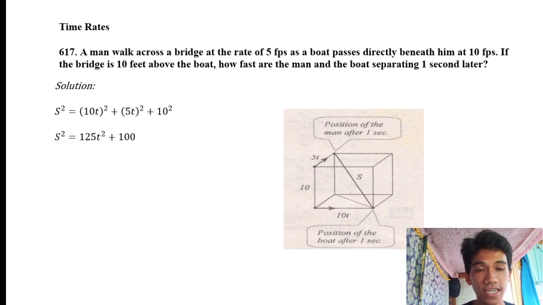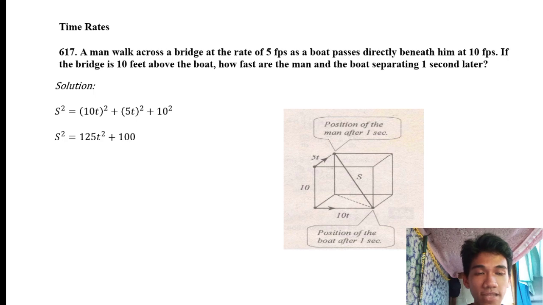So we have 100t squared plus the square of 5t is 25t squared. So i-add na nato, we have 125t squared. Then ang square of 10 which is 100. So after that, nakuha na nato ang s squared is equal to 125t squared plus 100.